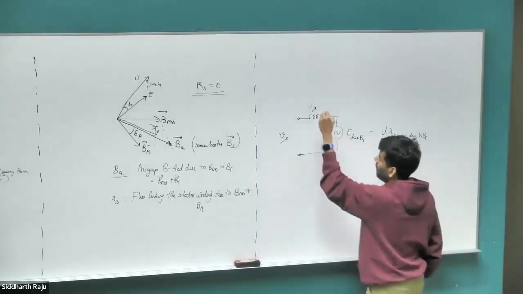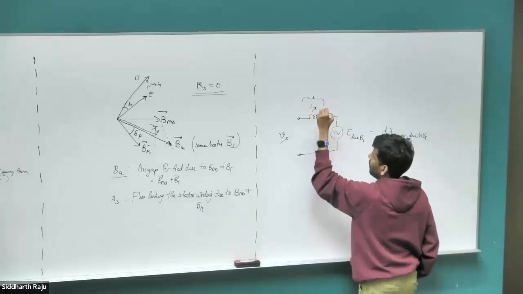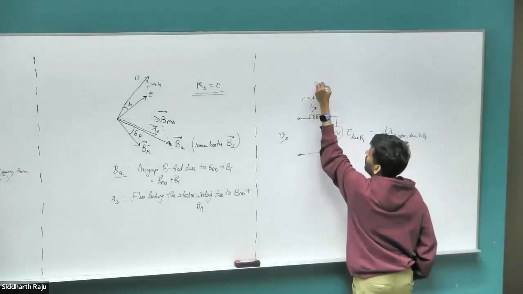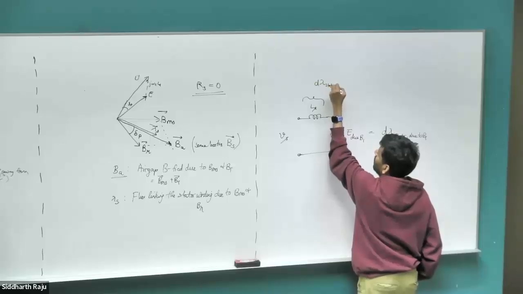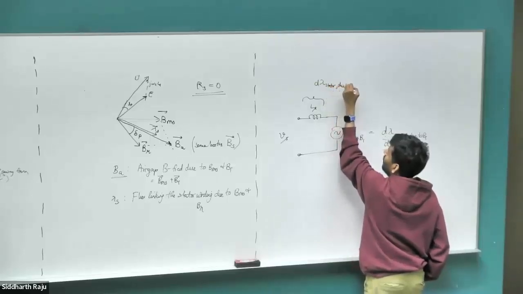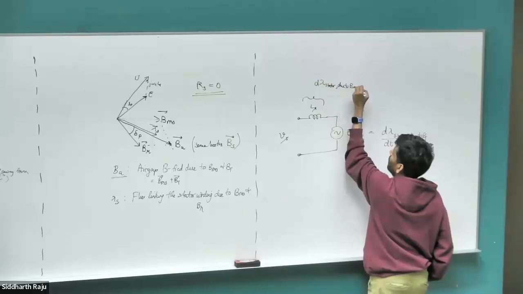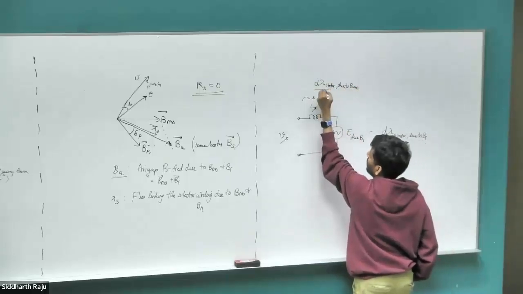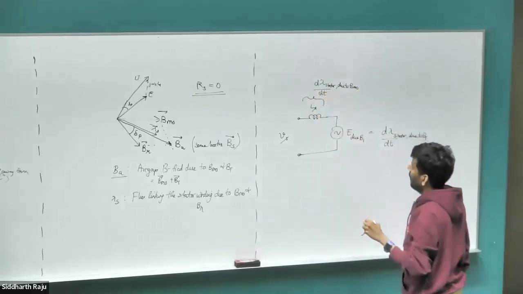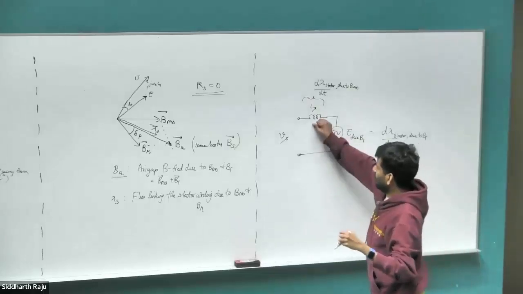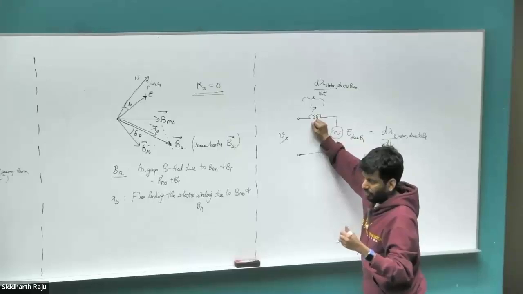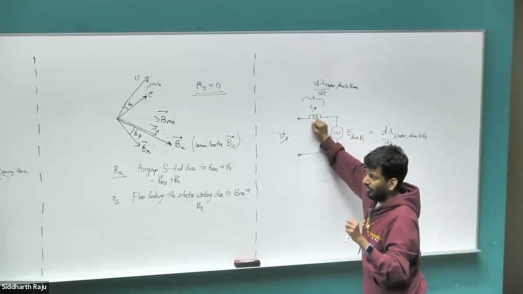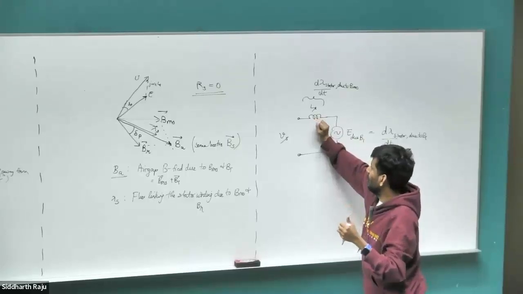Now we can do the same thing for this as well. You can look at the flux linking the stator due to BMS, d lambda S, and differentiate by dt. That should give you the voltage, the EMF, that's induced across the stator coils due to the varying magnetic field of the stator induced currents.